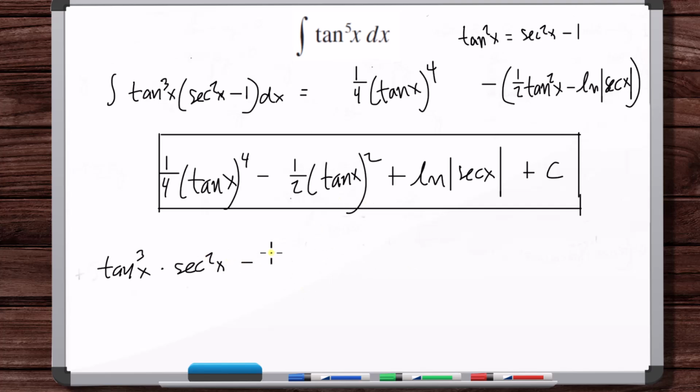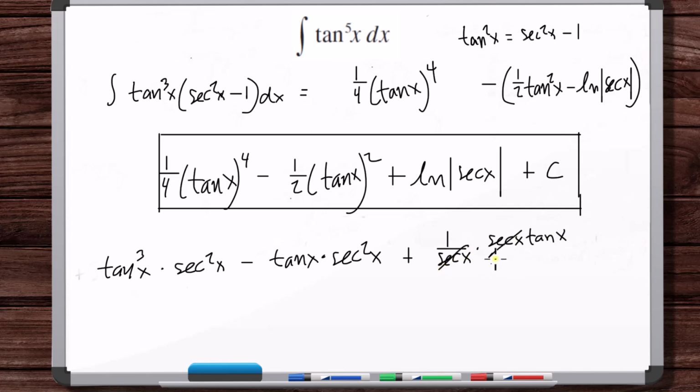Here we've got tangent x secant squared x. The derivative of the natural log of something is 1 over that something times the derivative of that something, so secant x tangent x. And then plus c, the derivative of c is 0.